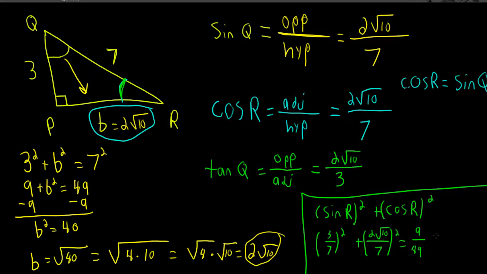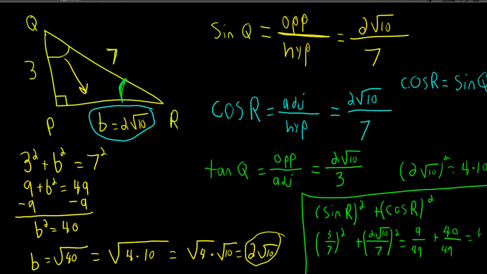And we do the same thing on the other side. So 2 square root of 10 squared is going to be equal to 4 times, well, the square root of 10 squared is 10, which is 40. So we have 40 over 7 squared, which is 49.